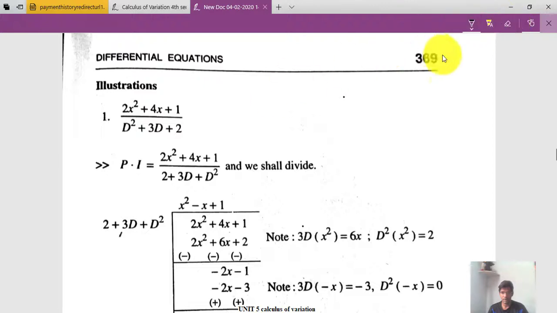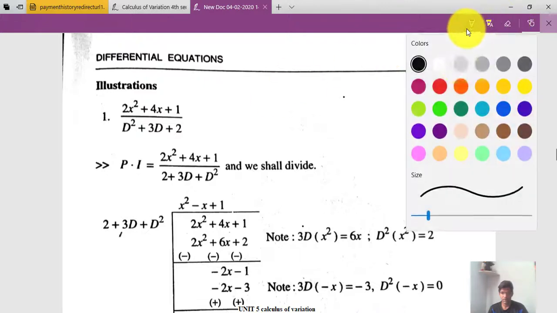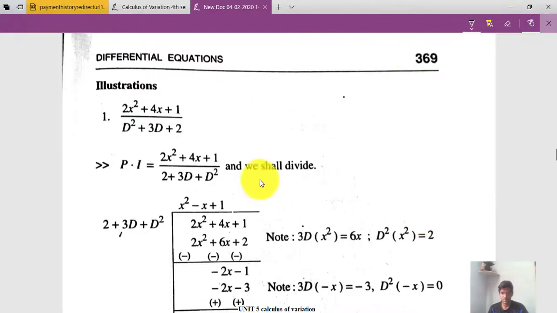Here this is my phi of x, and this is my f of D, which has D square. I need to find the particular integral.